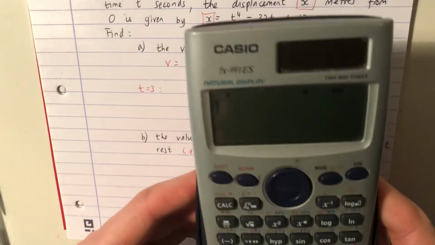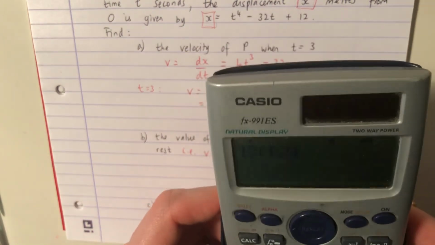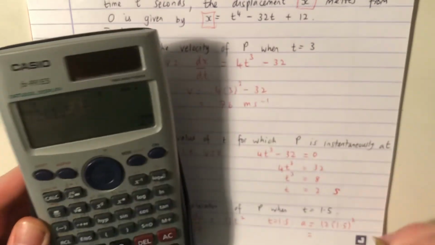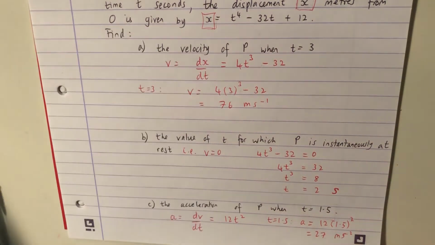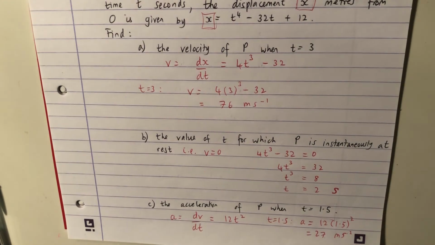Type that into my calculator. Gives me 27 meters per second squared. And that would be it. And that's all you need to be able to do in this particular subchapter.